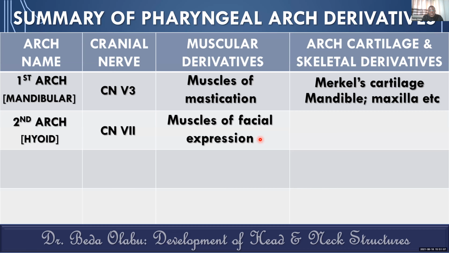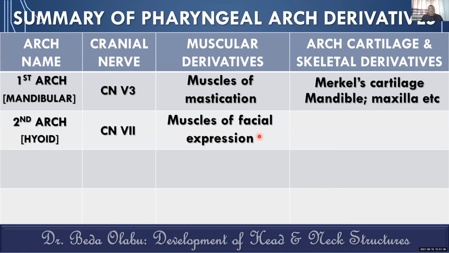There are those that you use for laughing, zygomaticus major, zygomaticus minor. You have the buccinator. All these are muscles of facial expression. They're derived from the second pharyngeal arch. Things like frontalis, remember, and the counterpart of frontalis is occipitalis. They're all from the second pharyngeal arch.